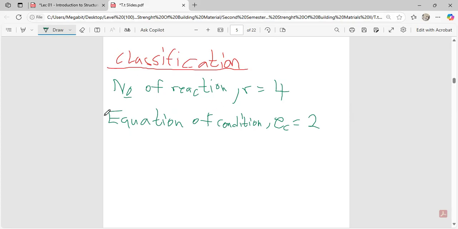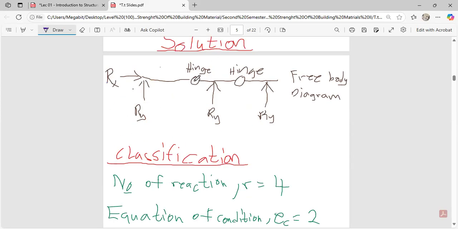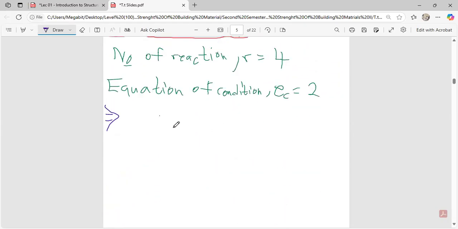Okay, so let's come from there. Where do we go to? Because our equation of condition becomes 2, you realize that we have to apply what? Table 2. I also told you that anytime you see EC, equation of condition, in the problem, table 1 is no more applied, but rather table 2. So from our formula, we said 3 plus EC.